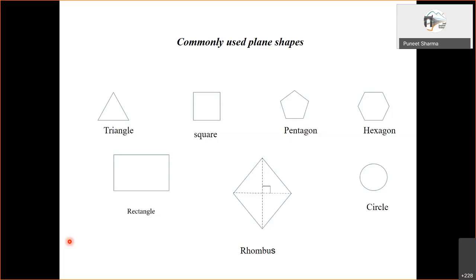So planes in general don't have thickness, and taking that into consideration, we can imagine them to be transparent. And also, whatever projections we consider henceforth for the planes, these regular shapes will be considered because they are easy to draw, and any description associated with them generally will be easy to express.